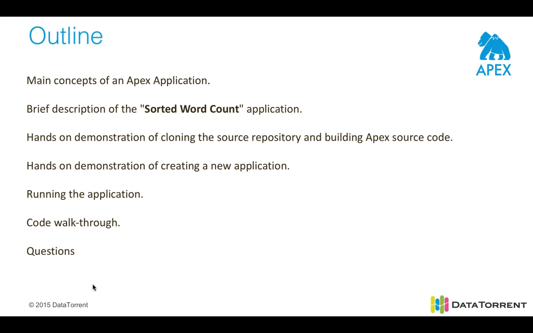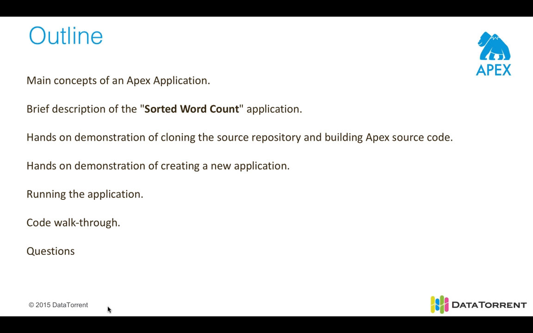Okay, so here's an outline of today's presentation. We'll cover the main concepts of what an Apex application looks like. Then we'll show a brief description of what the application we're building today looks like. We'll then do a hands-on demonstration of how to clone the Apex source code repositories and how to build them.